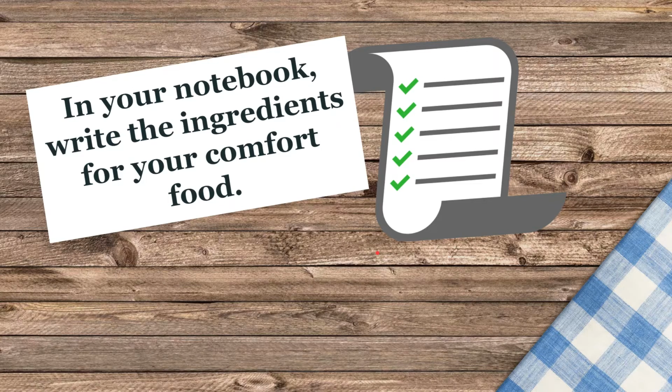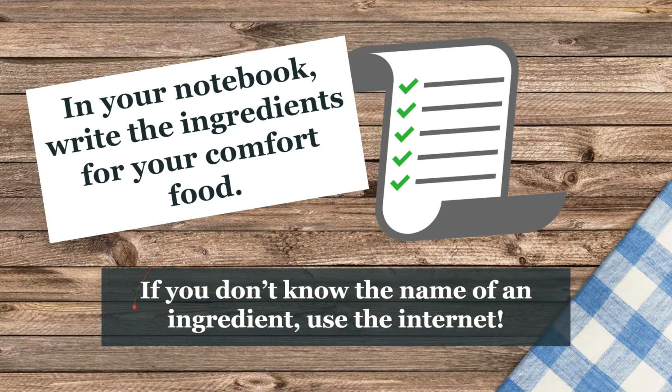So now that we have reviewed some ingredient names, some food names, in your notebook, write the ingredients for your comfort food. Can you write a list of ingredients that you need? If you don't know the name of an ingredient, use the internet.